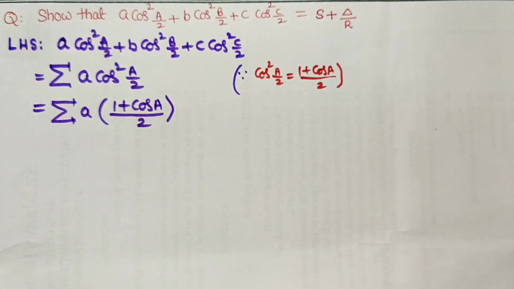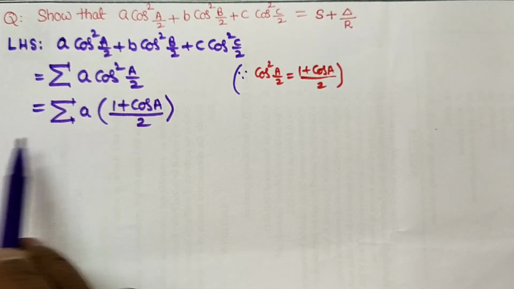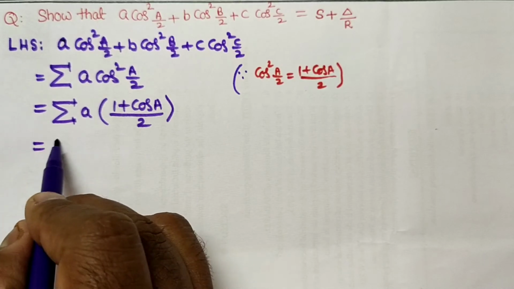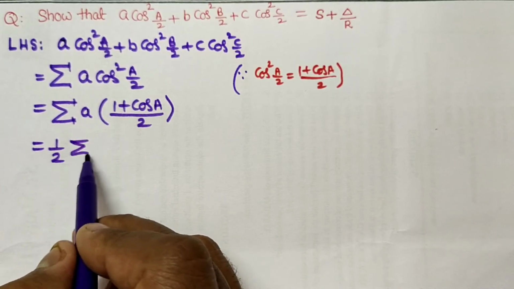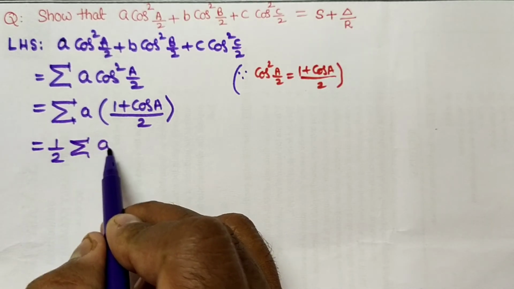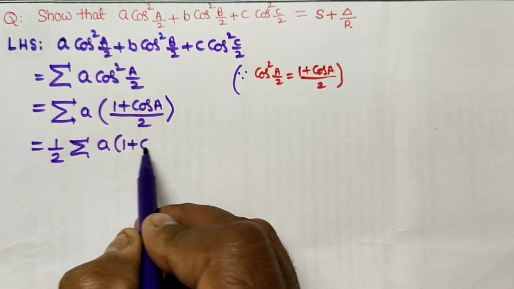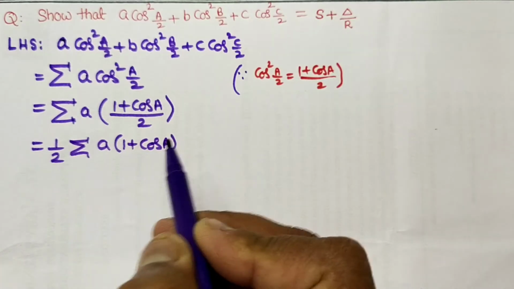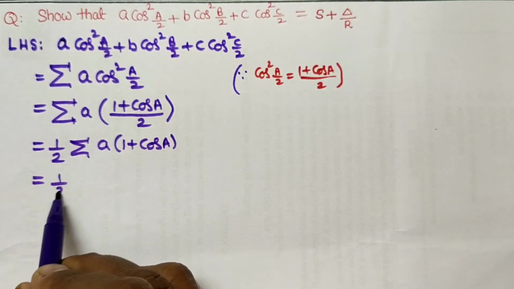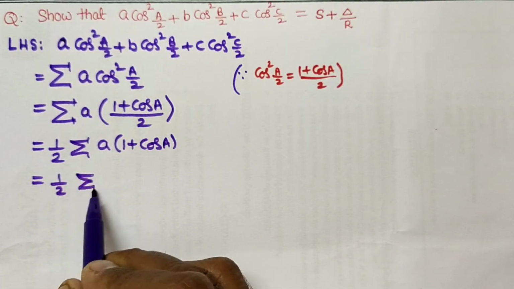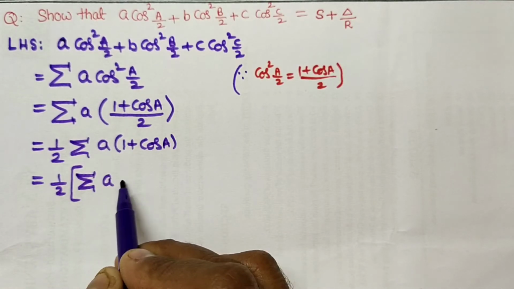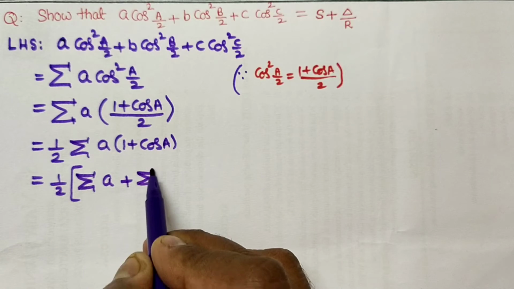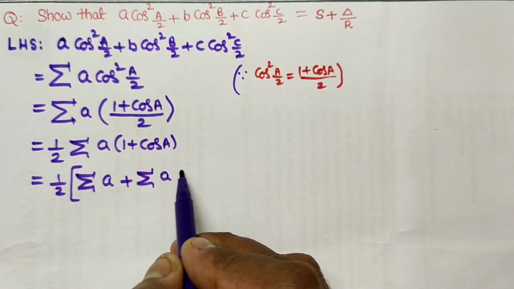The 1 by 2 we can take outside the sigma. So 1 by 2 sigma a into 1 plus cos A, which is half into sigma a plus sigma a cos A.